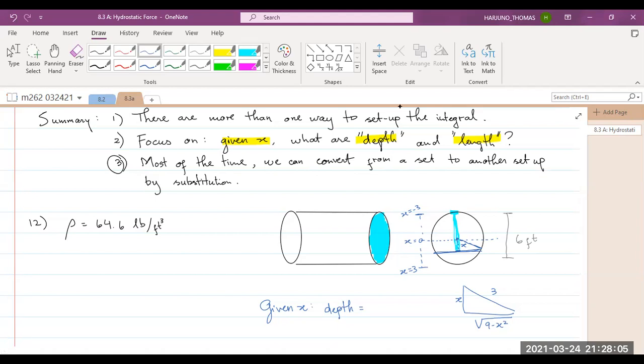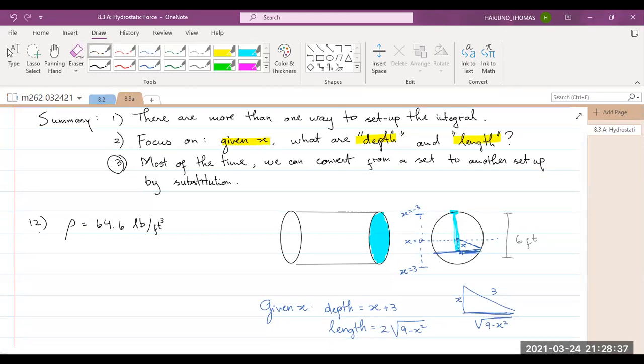It's x plus 3, that's right. Then how about the length? This is only one side of the length though, half of the length. The length will be 2 times square root of 9 minus x squared.